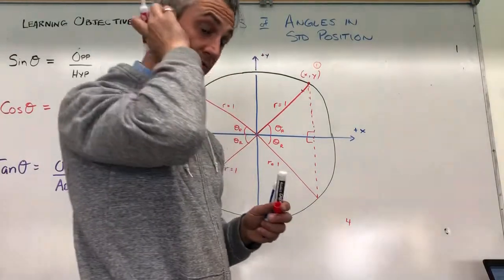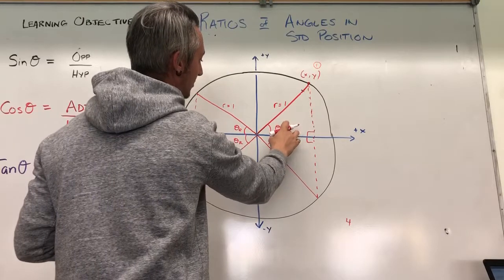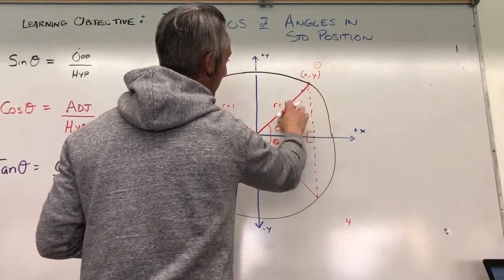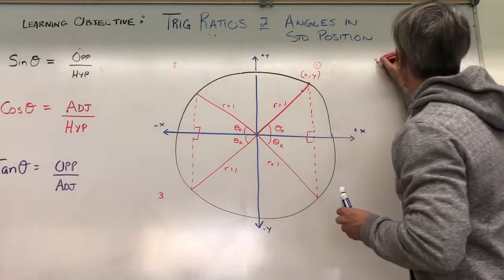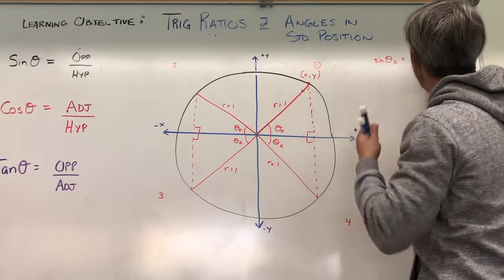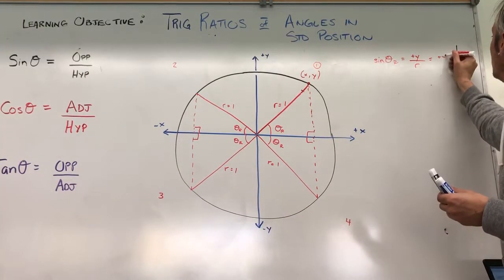So in quadrant 1, sine of my reference angle is always going to be positive y over r, or positive y over 1.